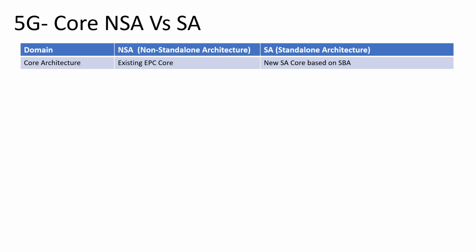There will be new network functions added. There will be change in the connectivity of all the network functions. Okay, that is a service-based architecture. So once your 5GC, which is 5G core, is ready, then only you can launch the 5G service. So there is a drastic change to the core network architecture in standalone.